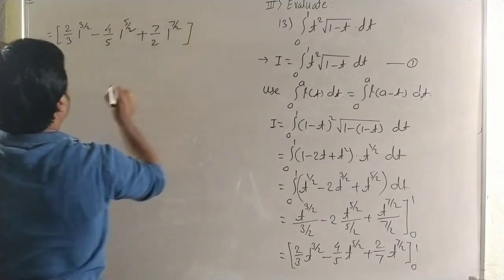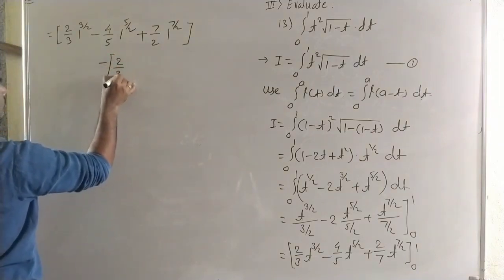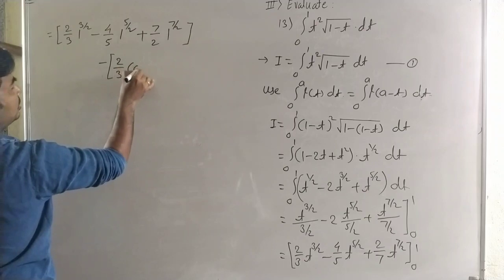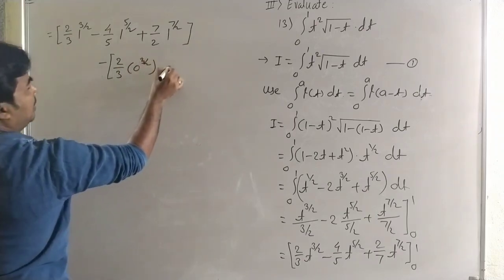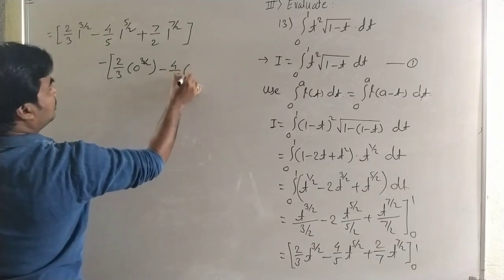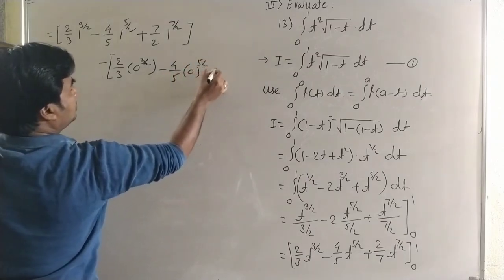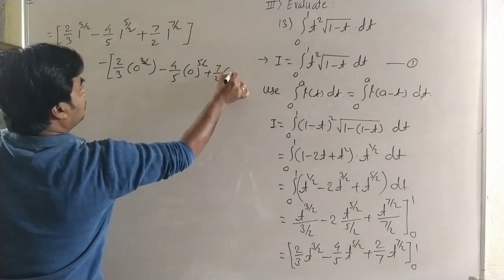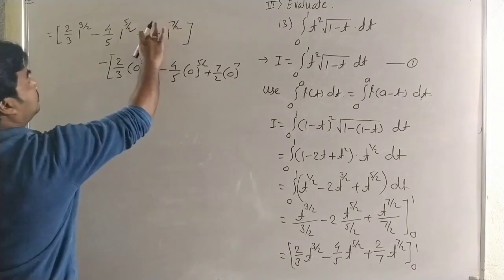Here it is upper limit minus lower limit: 2 by 3 times 0 to the power 3 by 2, minus 4 by 5 times 0 to the power 5 by 2, and plus 2 by 7 times 0 to the power 7 by 2.